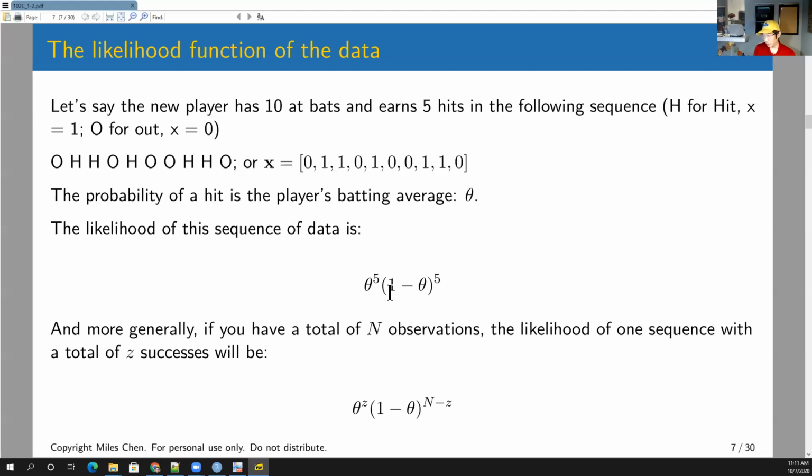And so just more generally, if we have a total of n observations and we have a total of z successes, so z being the sum of our x values, then we would have theta raised to the z times 1 minus theta raised to the n minus z. Okay, so I think that should be fine with everybody, where theta is the probability of getting a hit.